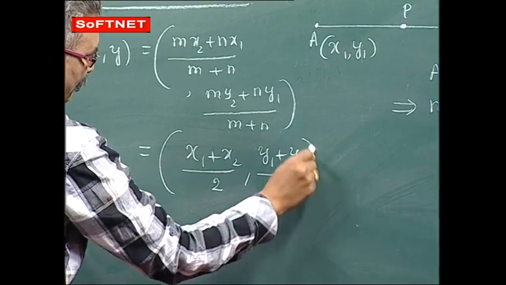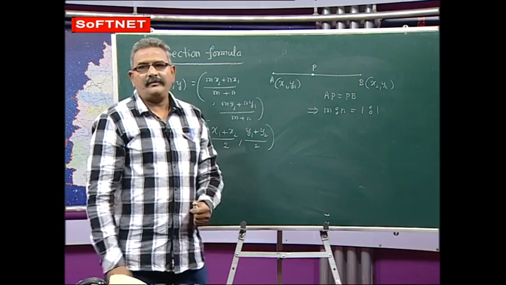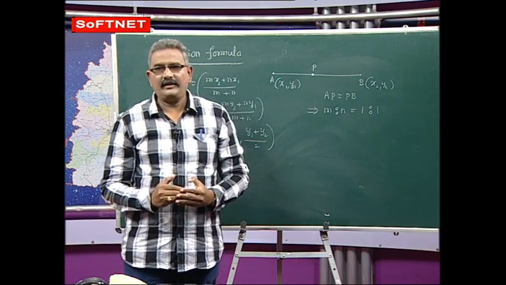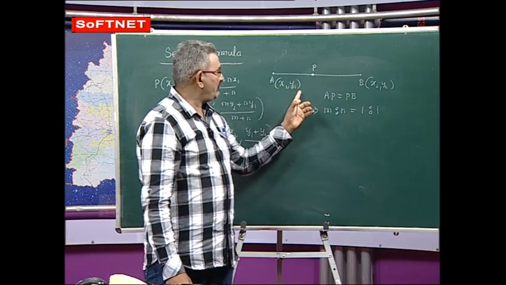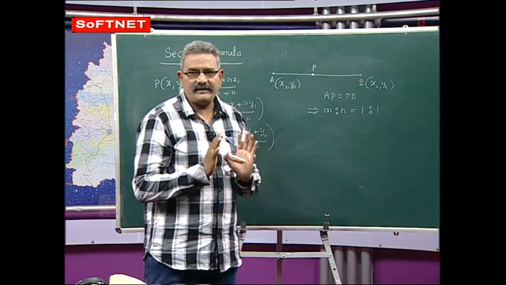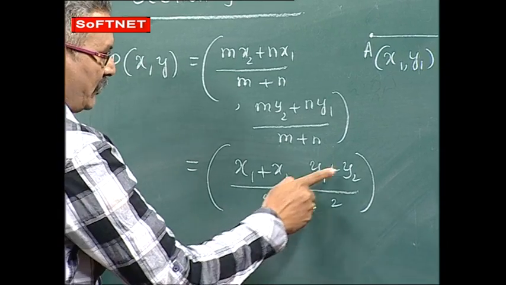It is very simple. The midpoint of the line segment joining the points x1, y1 and x2, y2 is given by x1 plus x2 by 2, comma y1 plus y2 by 2.